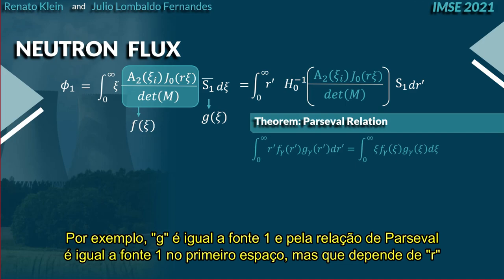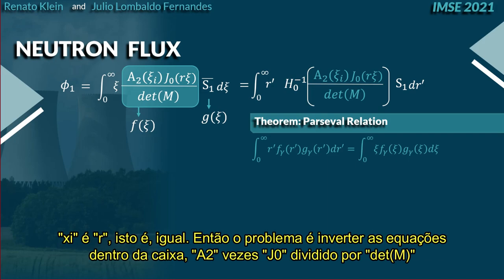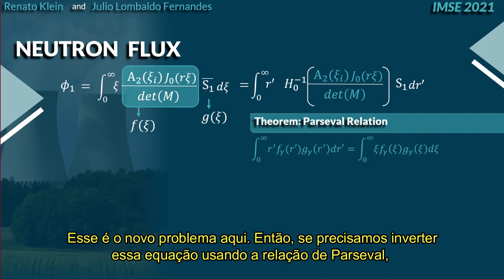So the source depends on r, where xi is the r, and it's equal. And the problem is inverting this, a2 times j0 divided by the determinant of M. That's the new problem here.